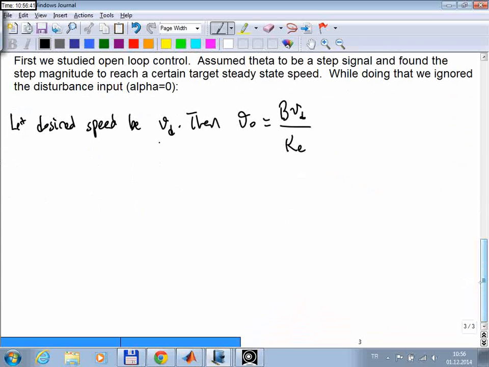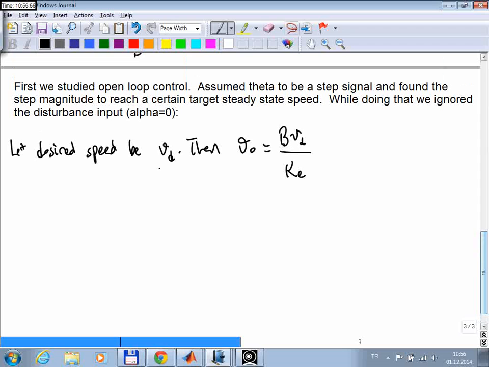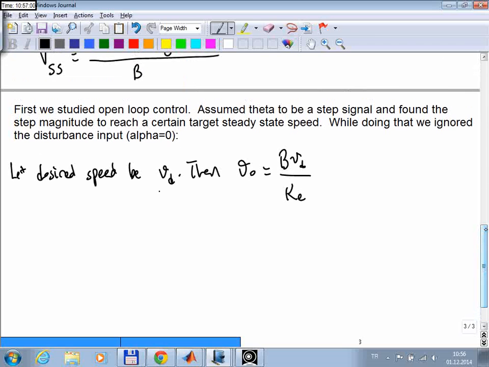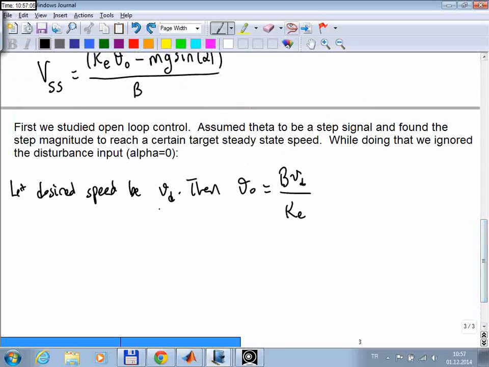Okay, and then we tested the performance of this control strategy under different conditions. In fact, we considered two specific cases where there were some disturbing effects. One of them was the case where the engine performance was not ideal, and the second one was the case where there was an external disturbance, so basically the car was climbing uphill with a non-zero alpha.